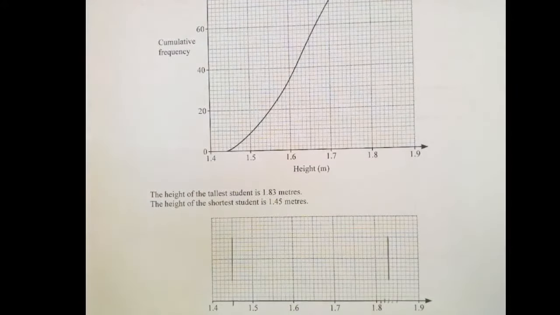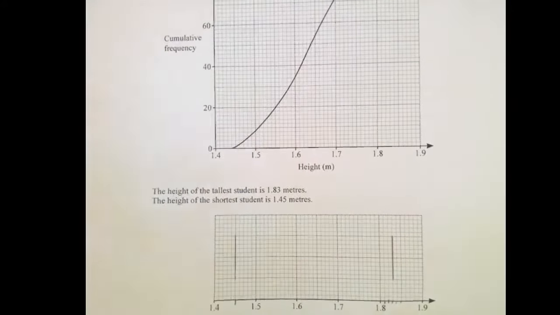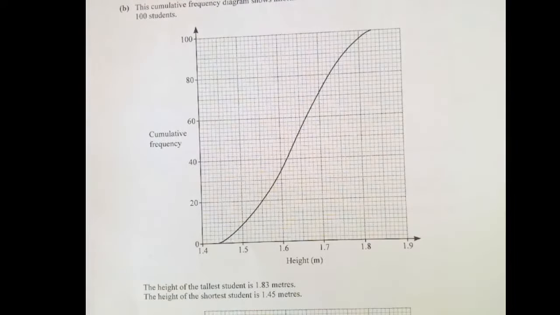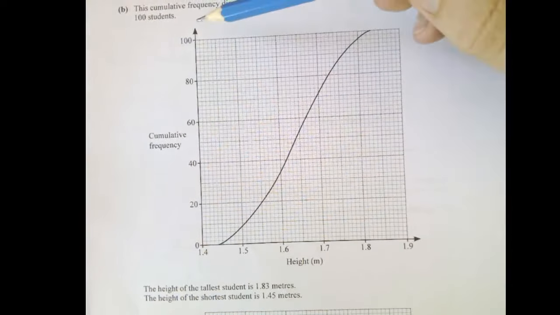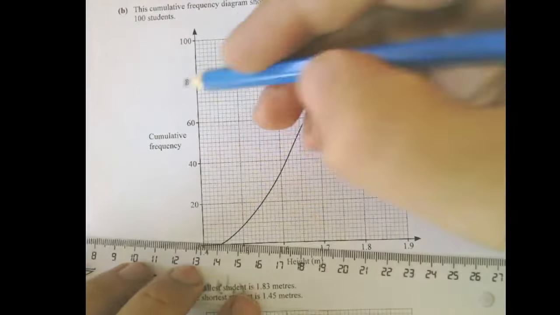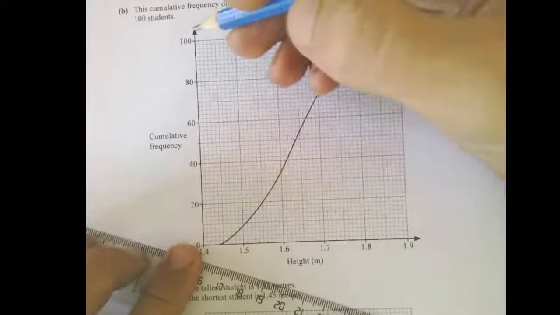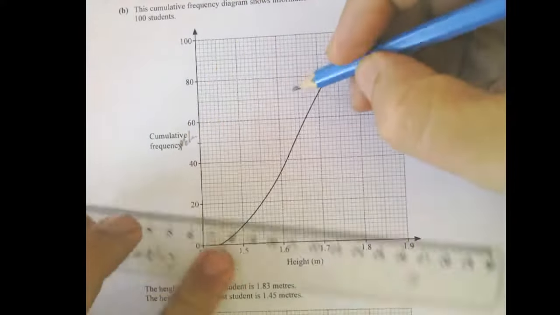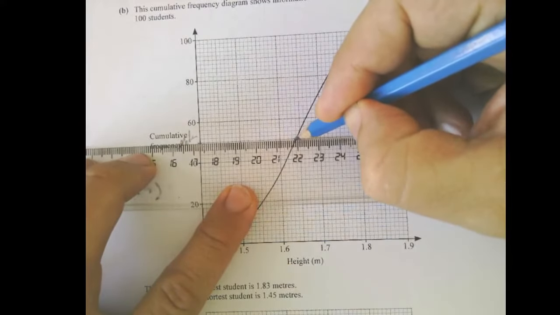Okay, next value to find is the median, the middle value. And all we need to do is divide the number of students we have, 100, by 2 to find the middle value. And that would, of course, be 50. So our median will start at 50, but we need to use our graph.